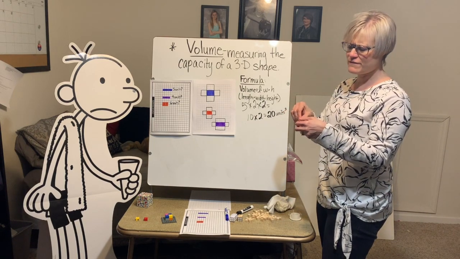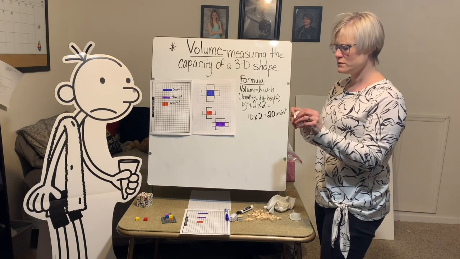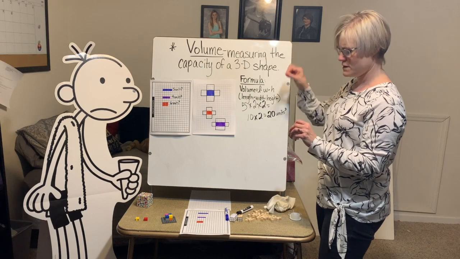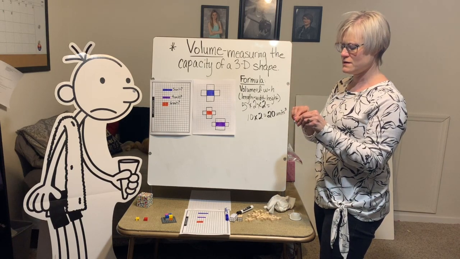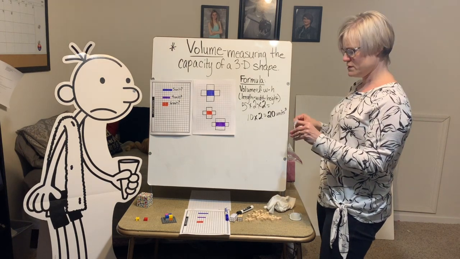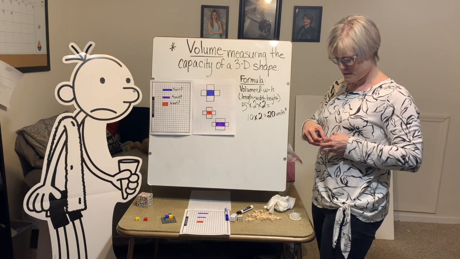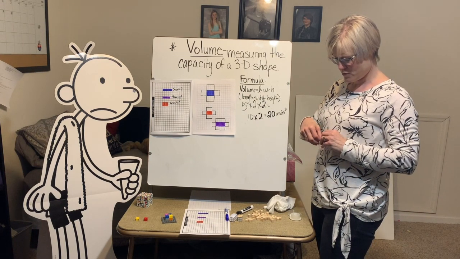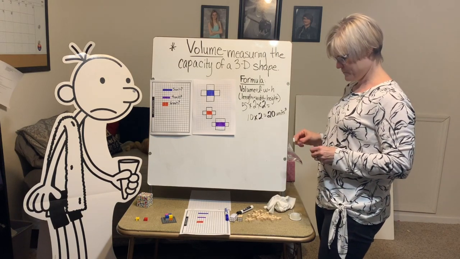So I have a feeling that this is going to be a little easier. I may have just jinxed myself though. All right. I've got this side. So far, so good. I've got this square corner and one more.